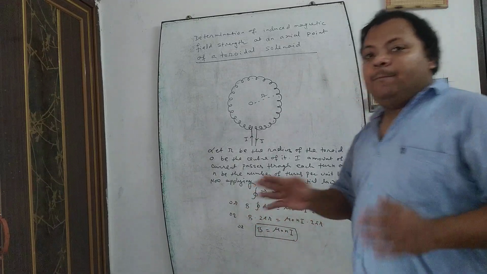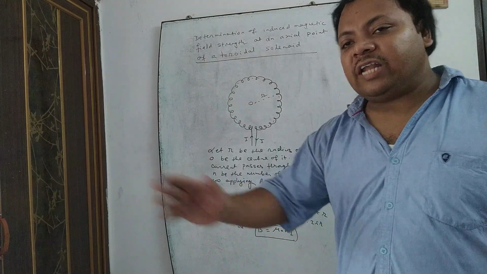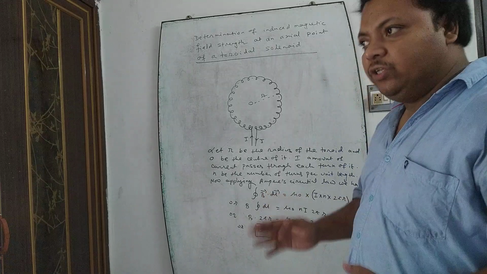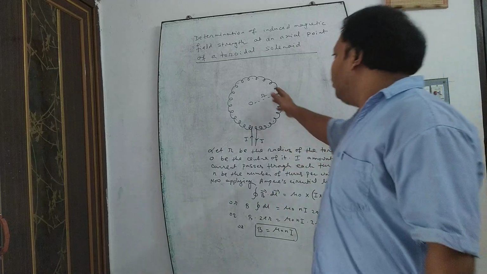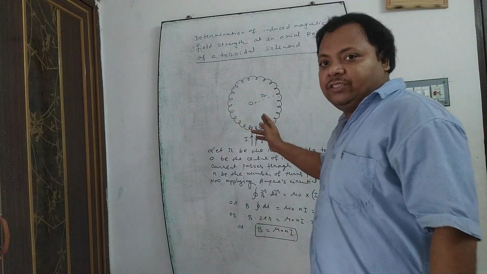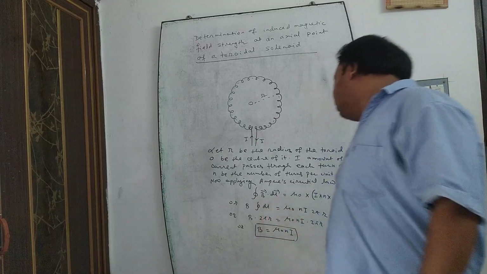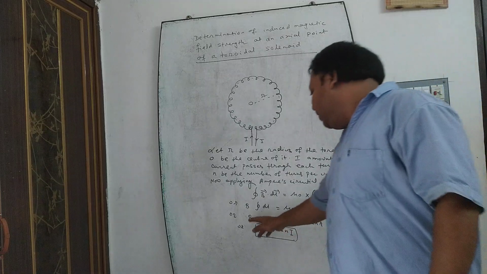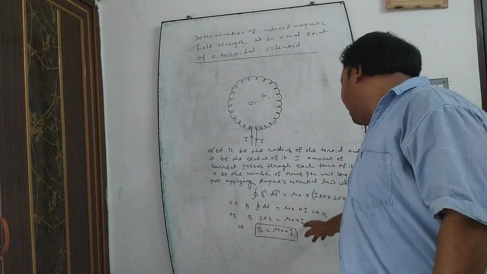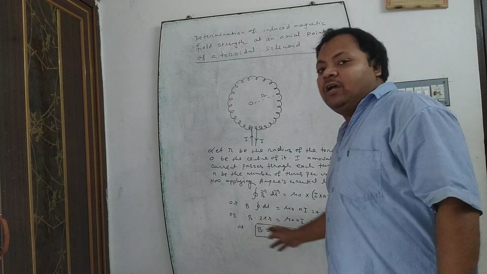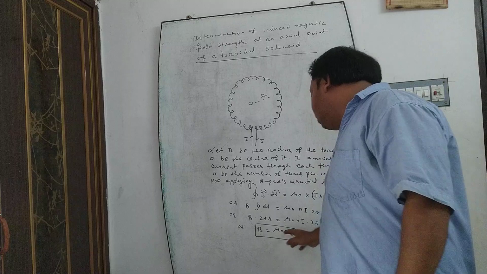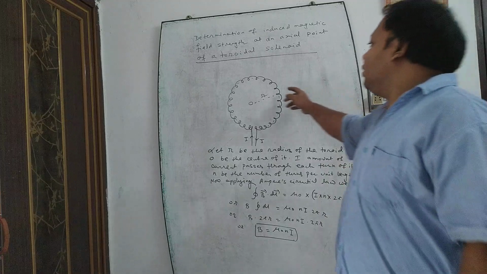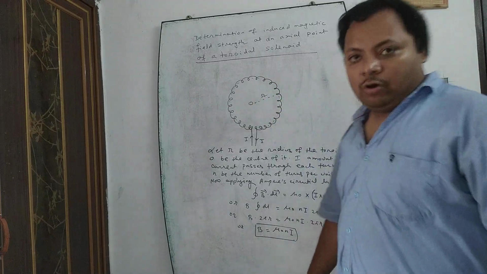Since the direction of B is along the tangent of the toroid, B vector and dl vector are parallel to each other, and the magnitude of B is constant throughout the circumference. That's why B into closed integration of dl is equal to mu 0 nI into 2 pi r, or B times 2 pi r is equal to mu 0 nI into 2 pi r. Cancelling 2 pi r on both sides, we have B is equal to mu 0 nI. This is the magnitude of induced magnetic field at a point on the circumference of the toroid.